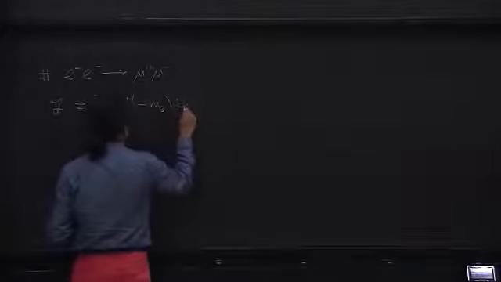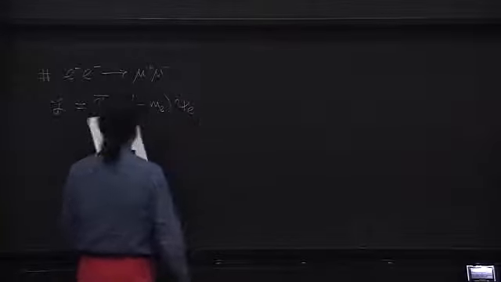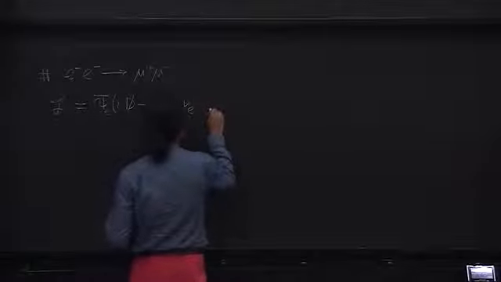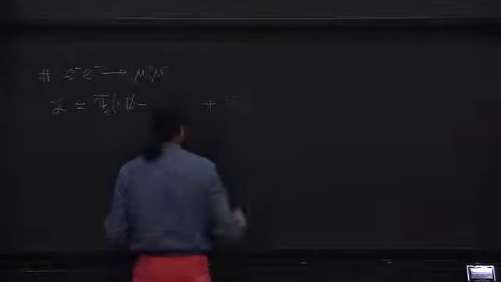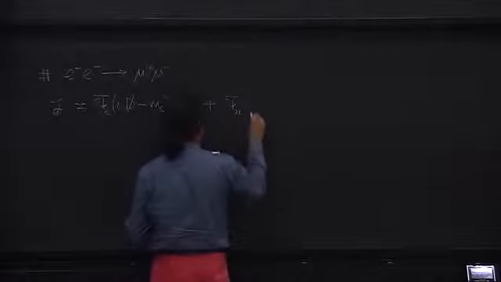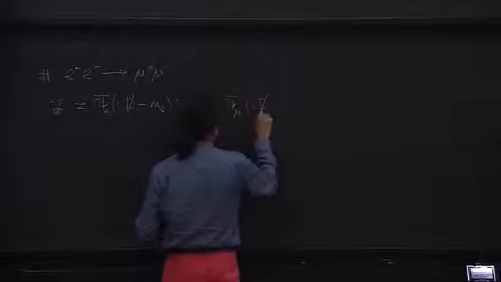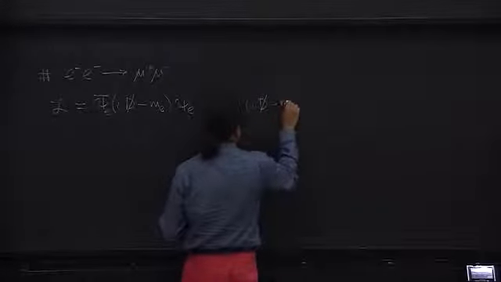So we have a Dirac Lagrangian with a covariant derivative for the electron, and another Dirac Lagrangian for the muon with the mass of the muon.